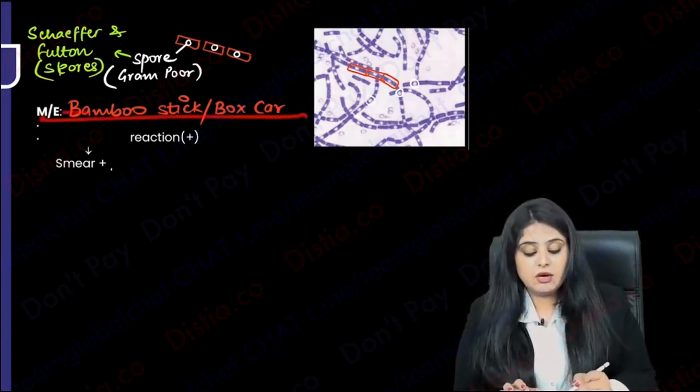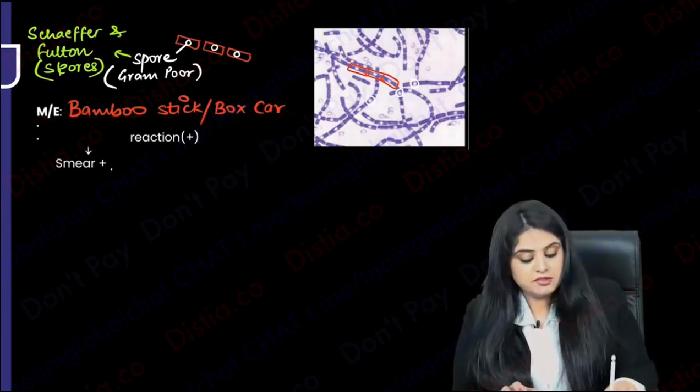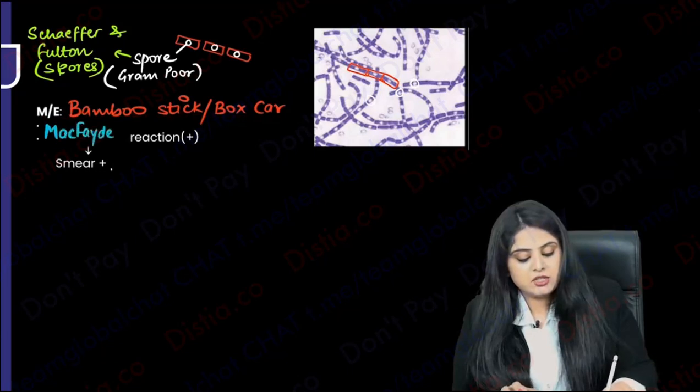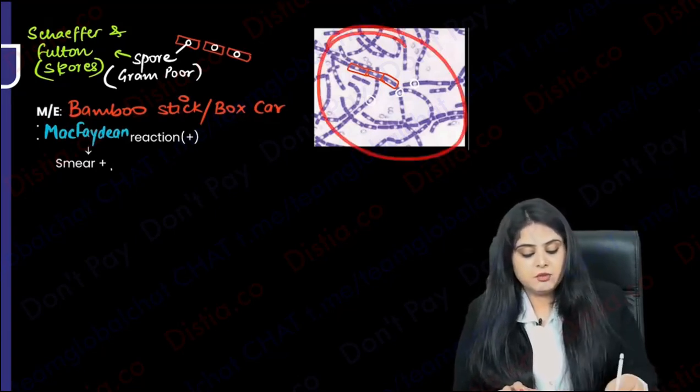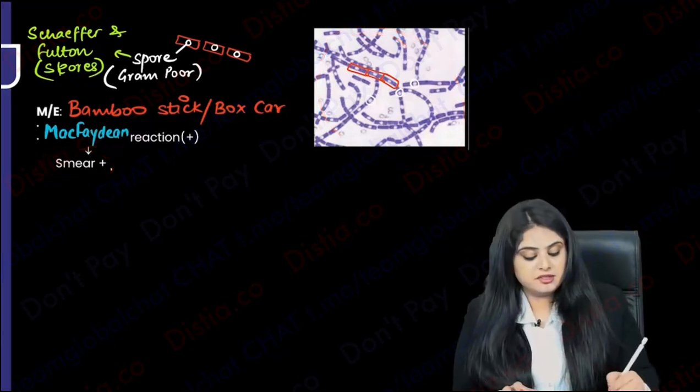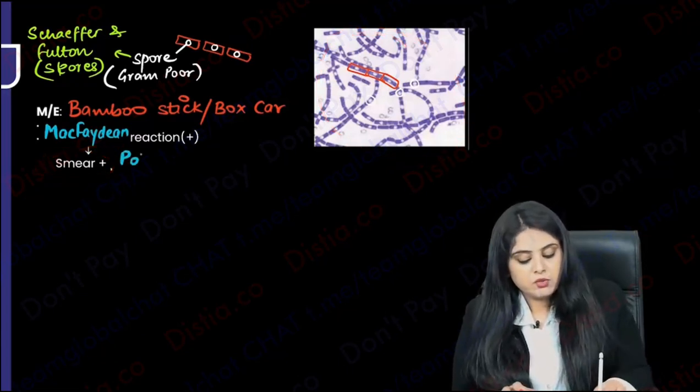Bamboo stick I have seen. Now can I do something? There is a very famous reaction known as the Macfadyen reaction. What is the Macfadyen reaction? I will take this smear, whatever Bacillus anthracis smear is there, and I am going to add polychrome methylene blue.